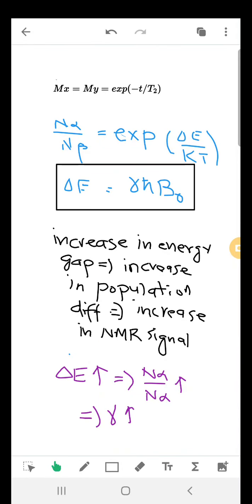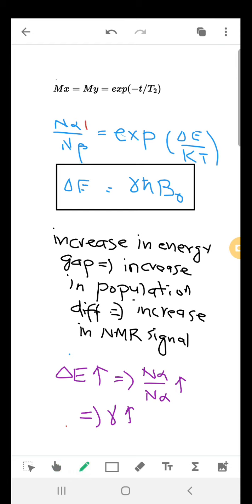When the RF pulse has been turned off, the magnetization in the XY direction decays as e to the power minus t by T2, and this is the expression of the population ratio between the spin-up and spin-down states.